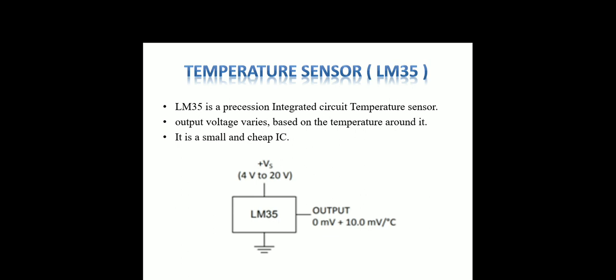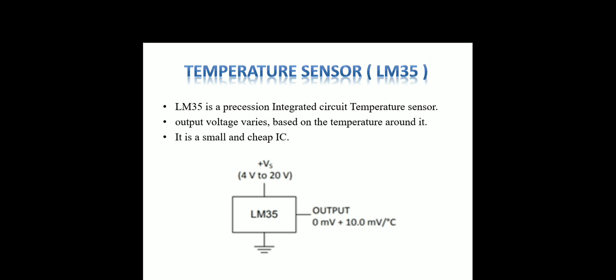Let's turn to our first sensor, which is used to measure a temperature parameter, is most widely used and very popular in the electronics field, and its name is LM35. It is a precision IC temperature sensor.